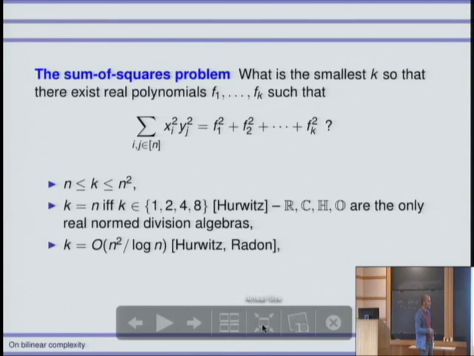Yes, you can find an explicit polynomial where the x degree of the polynomial is 2 and the y degree is also 2, for which you can prove a lower bound of like n squared over 4. So there exists an explicit polynomial for which you can solve this problem.